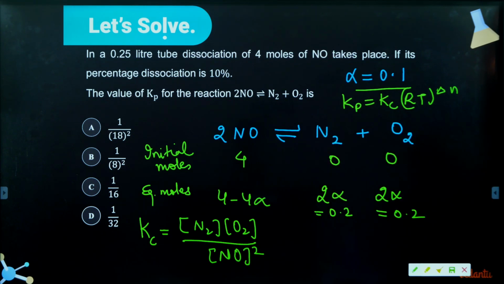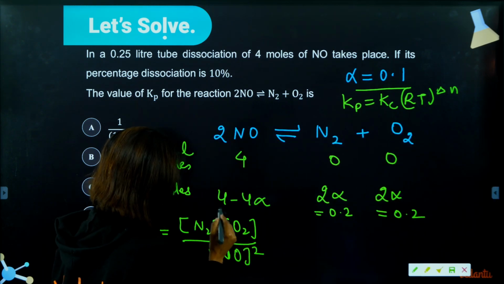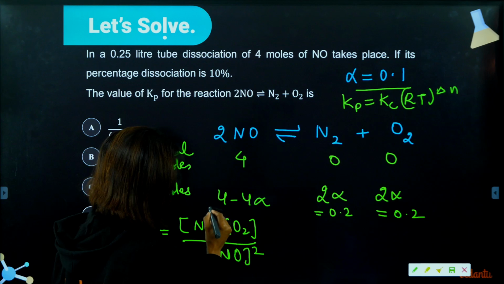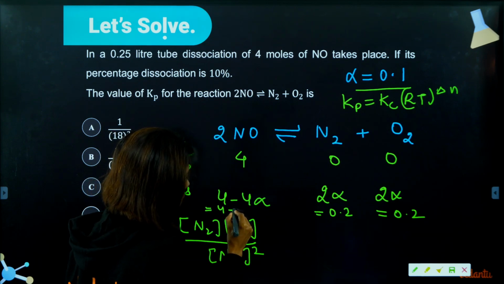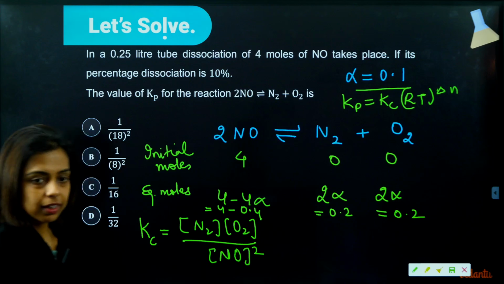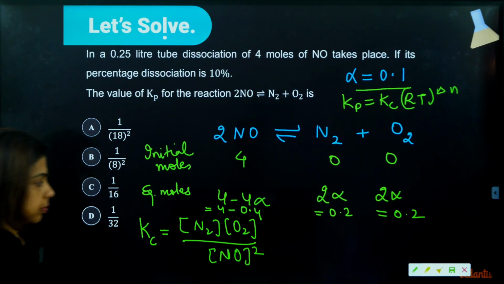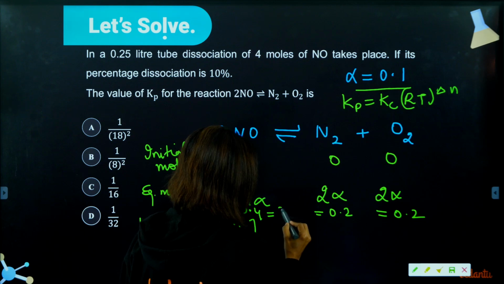And of course, this is 4 minus 0.4. Got it, guys? That is 3.6 moles.